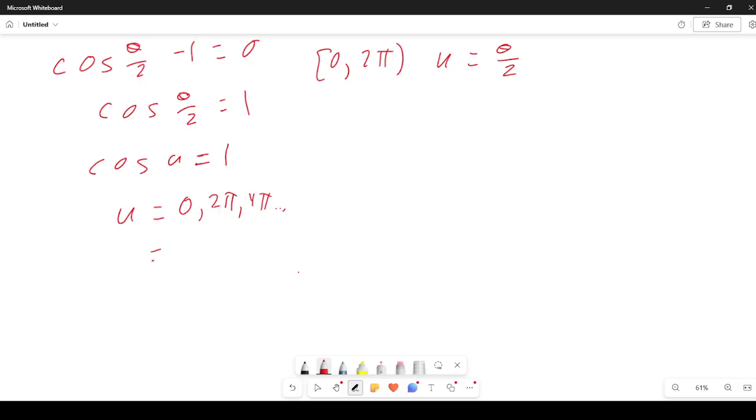So in other words, u just equals 2n pi plus 0, but you don't need to say plus 0. All right, so that means theta over 2 equals 2n pi. So theta is 4n pi. So theta can be 0, 4 pi, 8 pi, 12 pi, but only one of those is in the interval. Theta equals 0 is the only solution to this one.